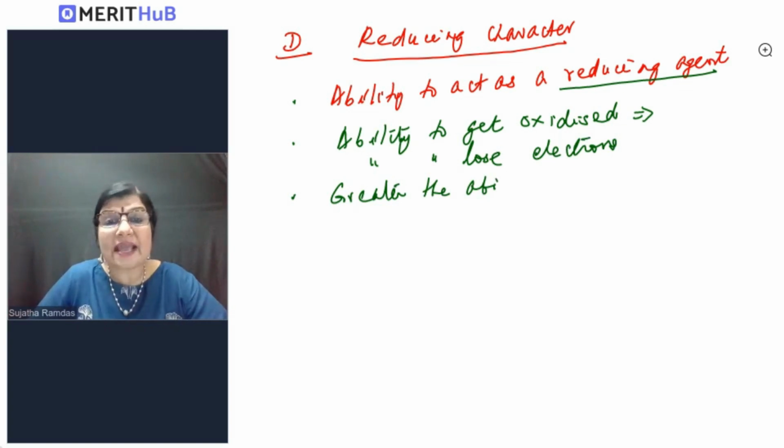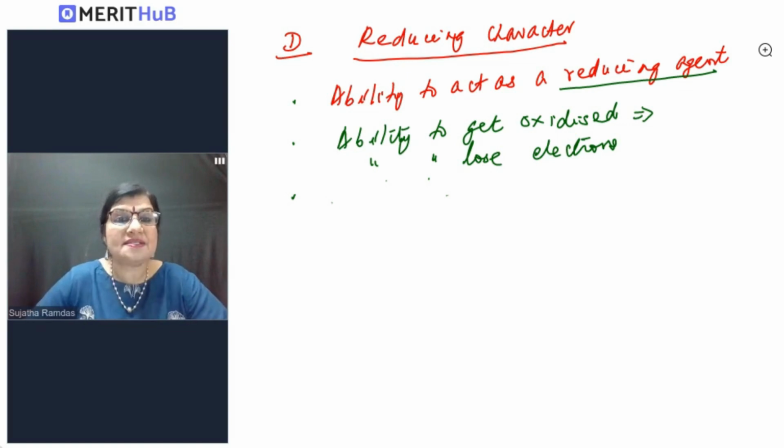So what decides the ability to lose electrons? Which periodic property determines the ability to lose electrons? I'm sure you remember that. Ionization enthalpy. So ionization enthalpy or ionization energy should be less. Correct, a lesser amount of energy should be absorbed to remove the most loosely bound electron from the gaseous atom.